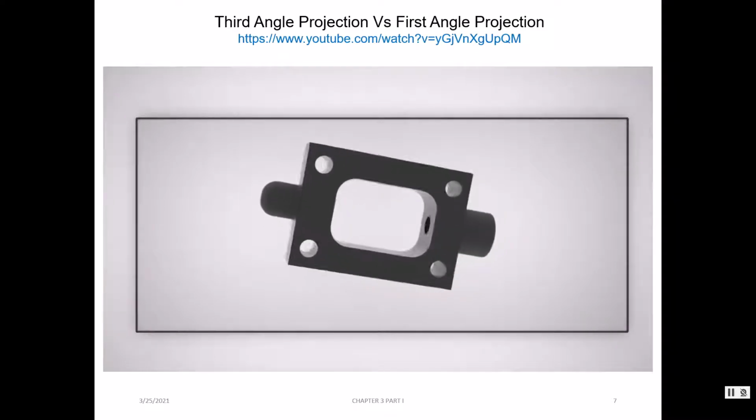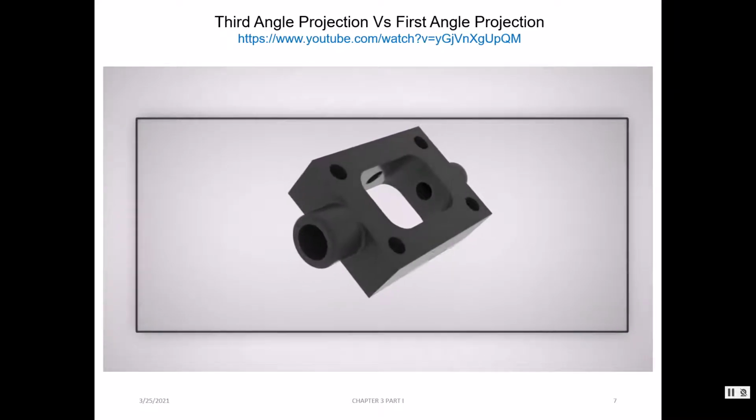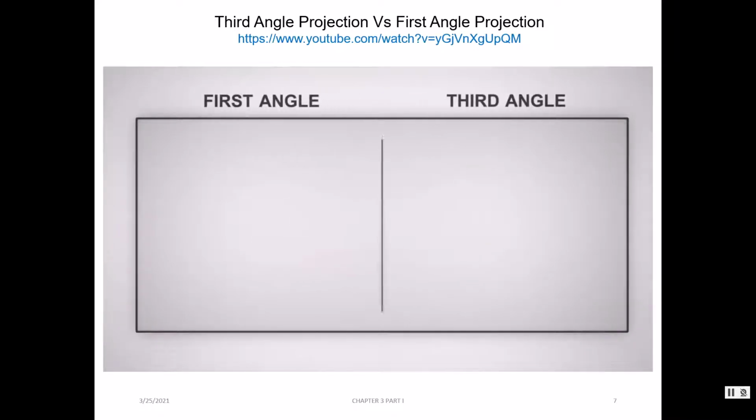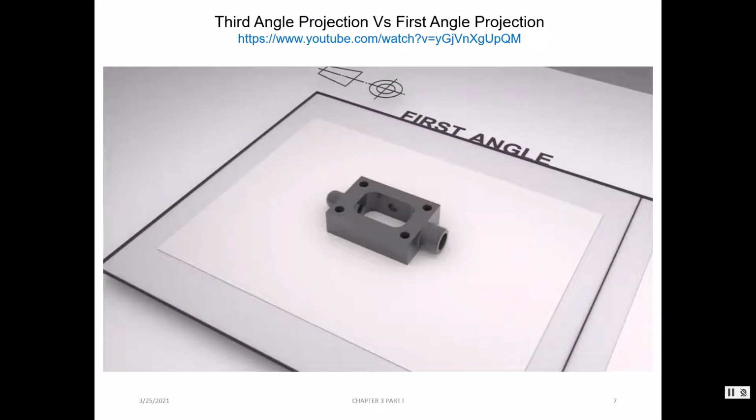Okay, so here's a quick look in 3D, just to back up what I've just told you. So once again, let's look at first angle first. Now we're going to use the same front view in each example. The cylinder is going to lie on the right, the dome at the left, and the hole at the top, as far as unique features go.